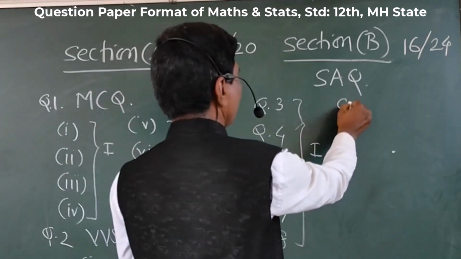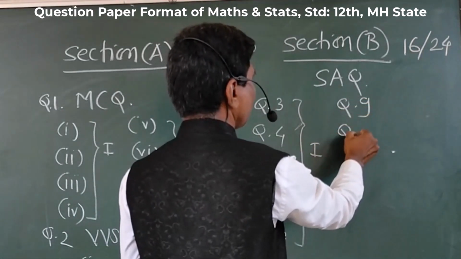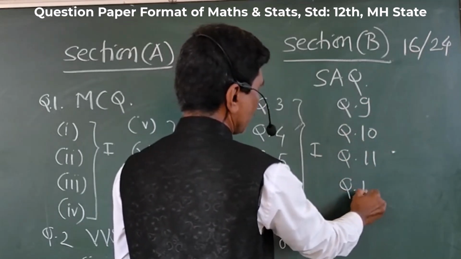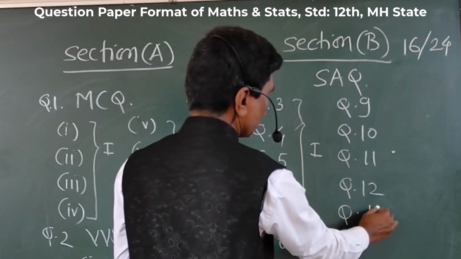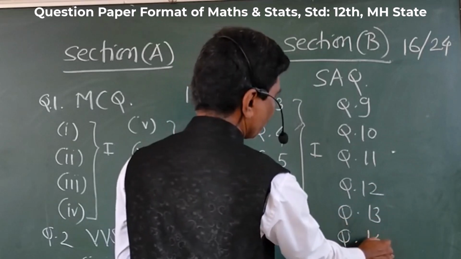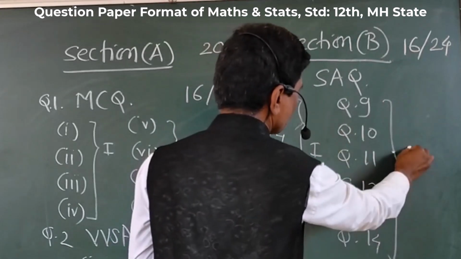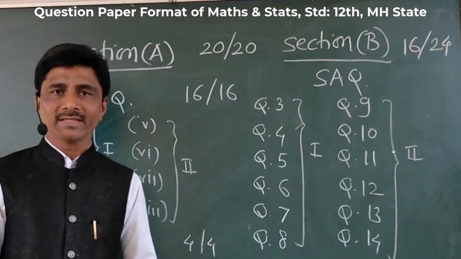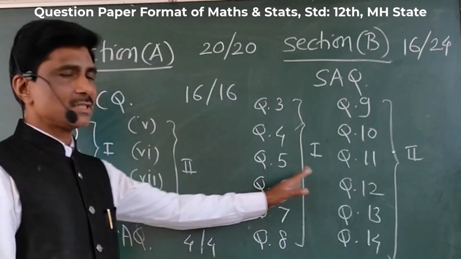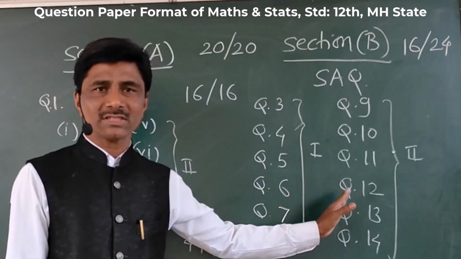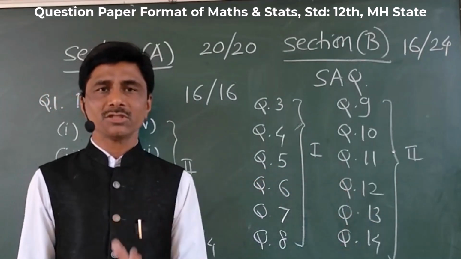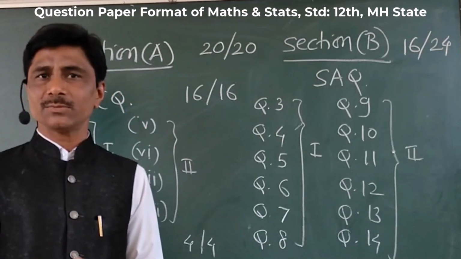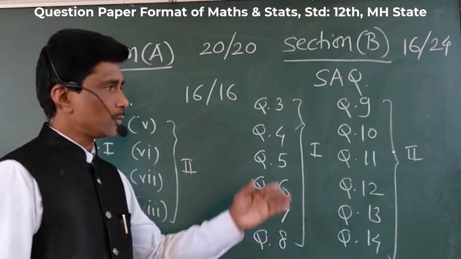Then question number 9, 10, 11, 12, 13, and question number 14. These 6 questions are asked from the second part. So 6 plus 6, 12 questions are asked in this examination. Each question carries 2 marks. So this section is for 24 marks.